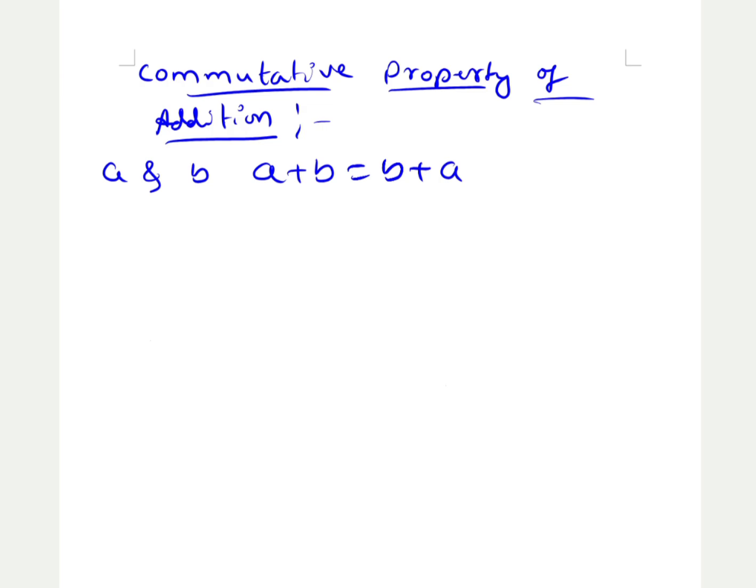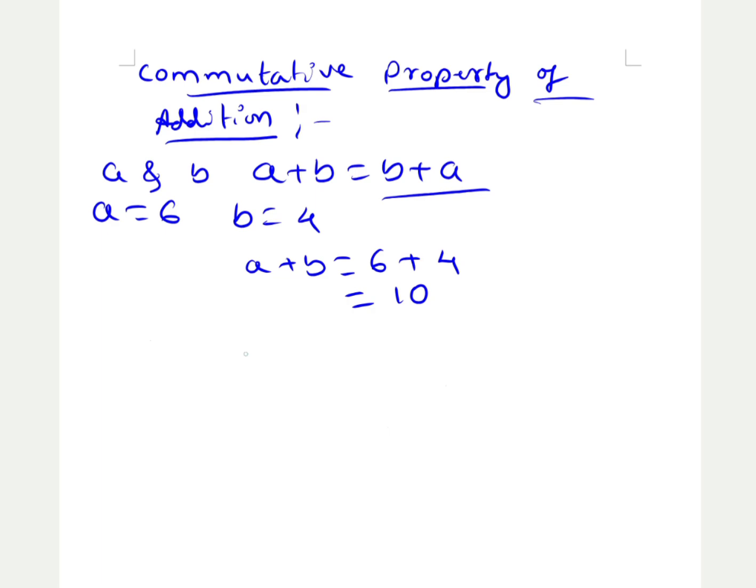So how do we conclude this? Take examples for a and b. Take a is equal to 6, b is equal to 4. So a plus b is equal to 6 plus 4, how much? 10.